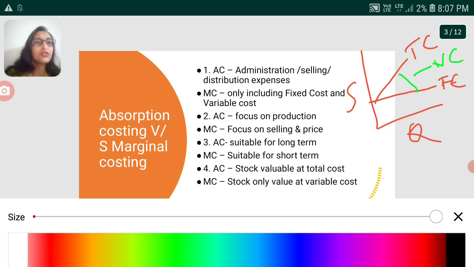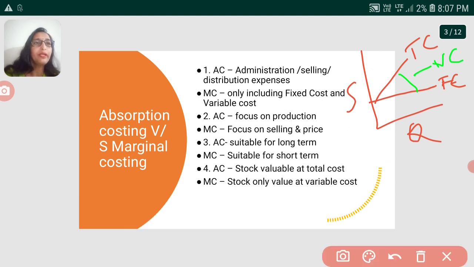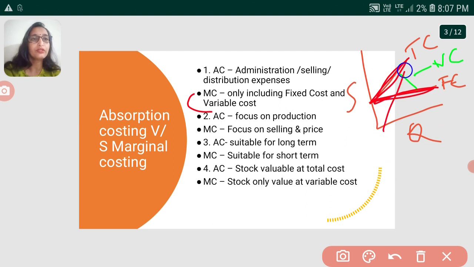So where is the variable cost? It is between the total cost and the fixed cost. That's why marginal cost includes fixed cost and variable cost.